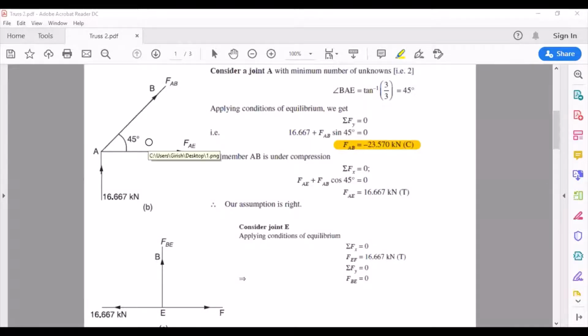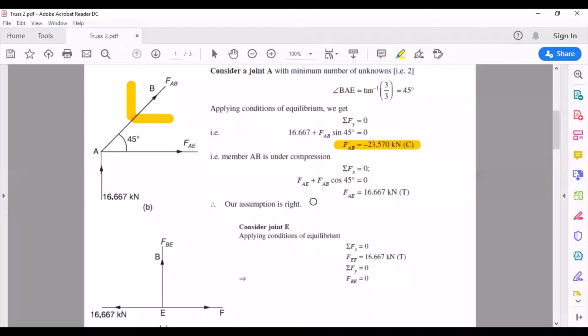So you are finished with sigma Fy. Next, let us apply sigma Fx. In sigma Fx, you again have two forces. One is FAE and the other one is the component of FAB. You have a horizontal component and a vertical component like this.